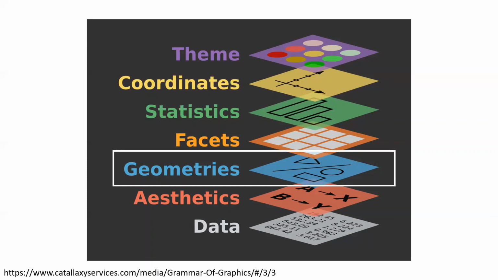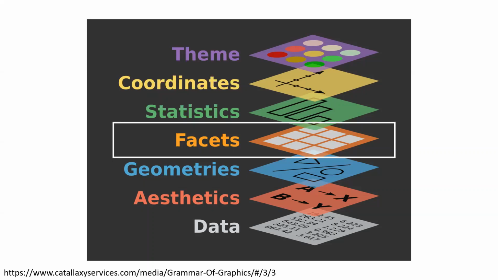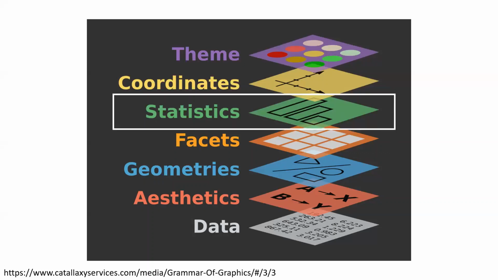It has geometries, the literal shapes that you use to showcase your data, so bars for a bar plot, or points for a scatter plot. Facets, I'm not going to describe facets; I think it'll make more sense if I just show you that one. Statistics, things such as t-testing, p-values, linear correlation, that sort of thing.